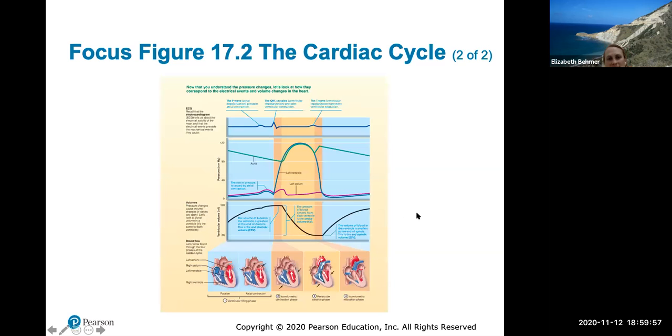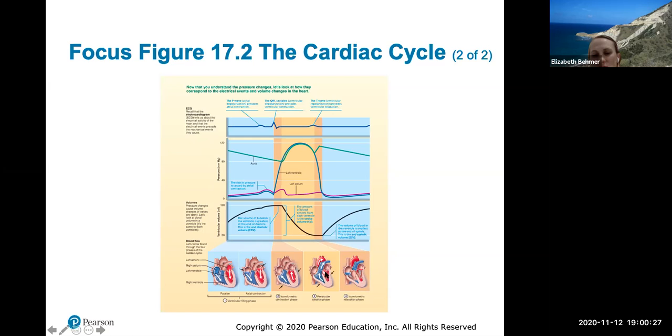So that's the cardiac cycle. This takes you through probably a better description with pictures at the bottom, showing the same events of the cardiac cycle, including how blood is flowing from the atria to the ventricles during atrial contraction. The isovolumetric contraction phase is when all the valves are closed, but pressure builds up. So you'll see pressure and blood volume at their highest in the ventricles as you work your way up through these graphs.